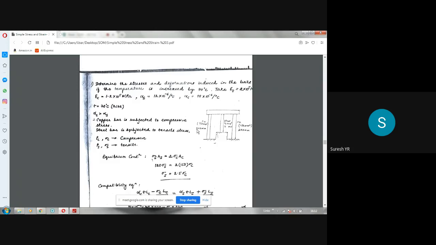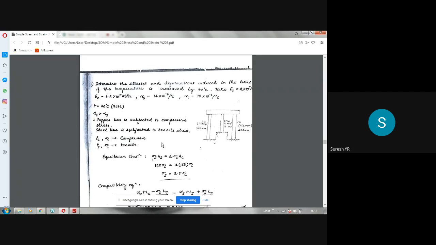Since the coefficient of thermal expansion of copper is more, alpha C is greater than alpha S, copper will elongate more if it is free. So to bring it back to the common change in length, it should be compressed. That is why compressive stress will develop in copper. Oppositely, the steel bar is subject to tensile stress.